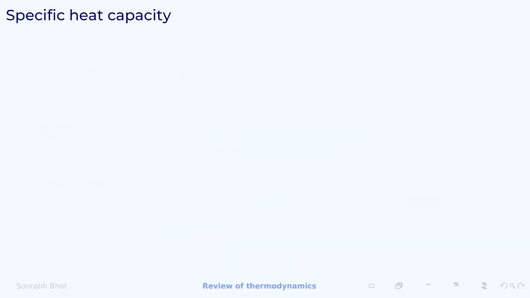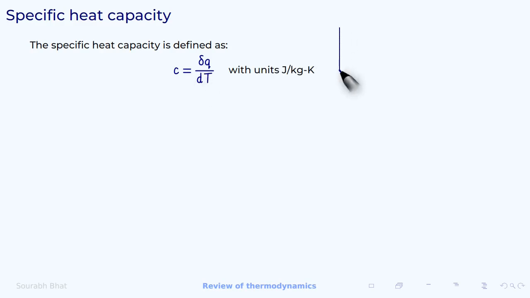The specific heat of a material is defined as the amount of heat added per degree rise of temperature, dQ by dT. Therefore, the specific heat at constant volume is dQ by dT when dV is equal to 0 and at constant pressure dP is equal to 0.